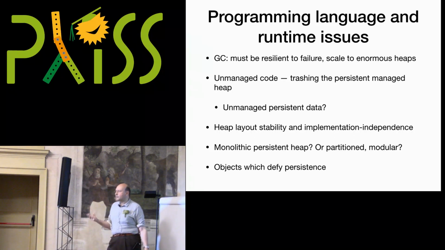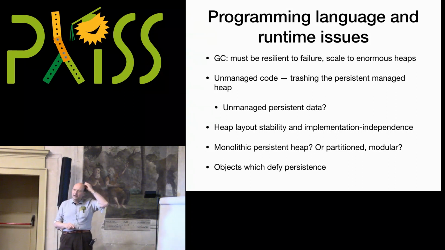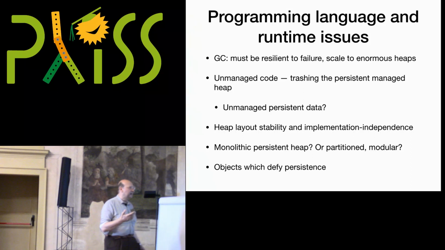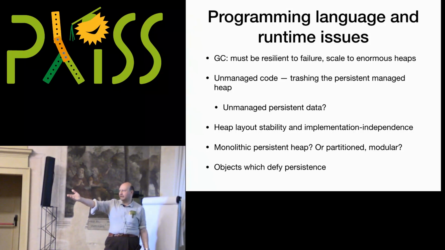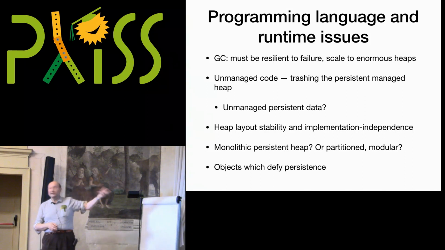If we now assume that we're going to get heaps that last for 10, 20, 30 years, how are we going to manage this layout? We need to have some kind of stability in the system. We need to have some way of transitioning and evolving over time and maybe switching versions and switching implementations that allows us to do this. Now, this isn't really a technical problem.